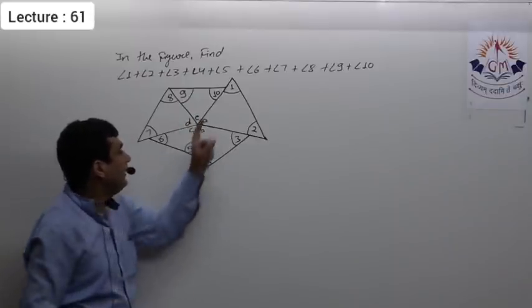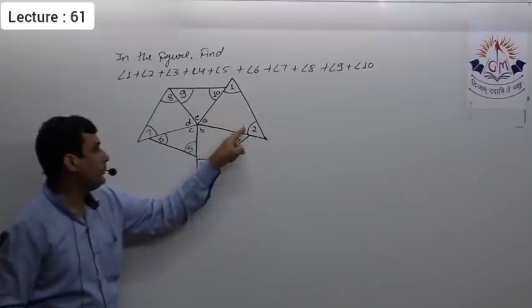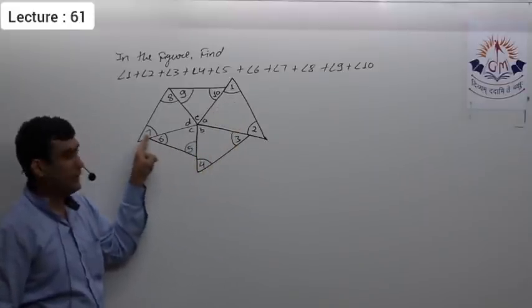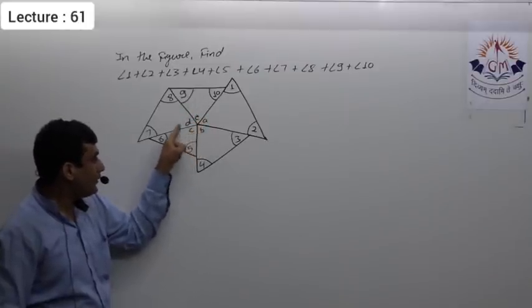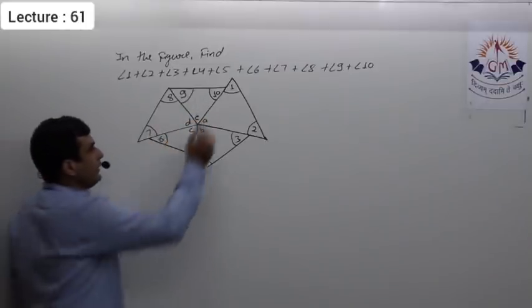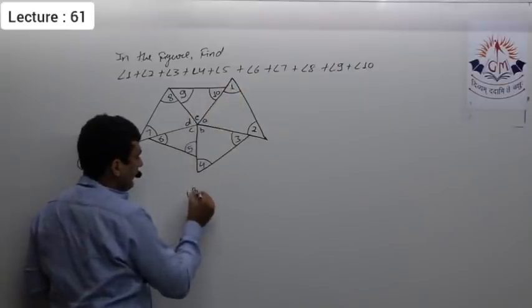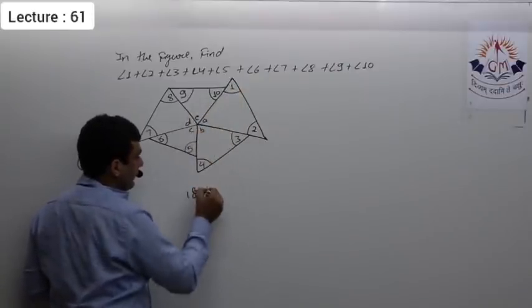So if I say sum of all angles, that means 1 plus 2 plus 3 plus 4 plus 5 plus 6 plus 7 plus 8 plus 9 plus 10, as well as A plus B plus C plus D plus E. See, for this triangle it will be 180. For this triangle again it will be 180.